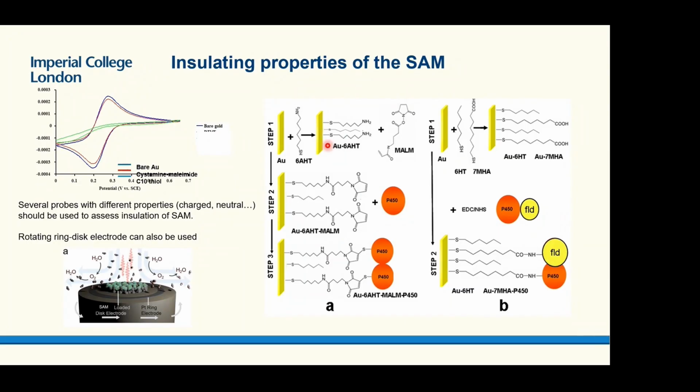So we changed the length of the self-assembled layer. Instead of this system, we used longer aliphatic chains, and changed practically the length of the system to make it more insulated. But obviously then you have to be careful about the distance between the electrode and the protein to maintain good electrical connectivity and good electron transfer.